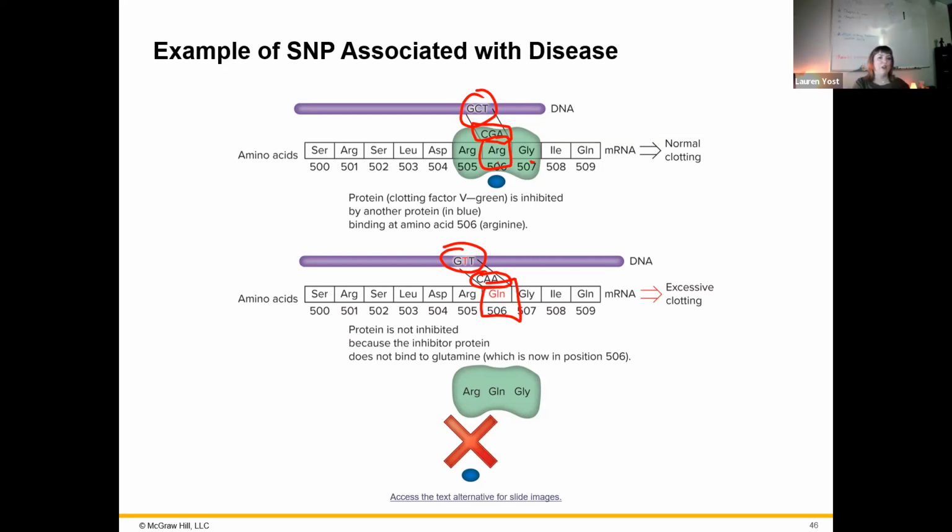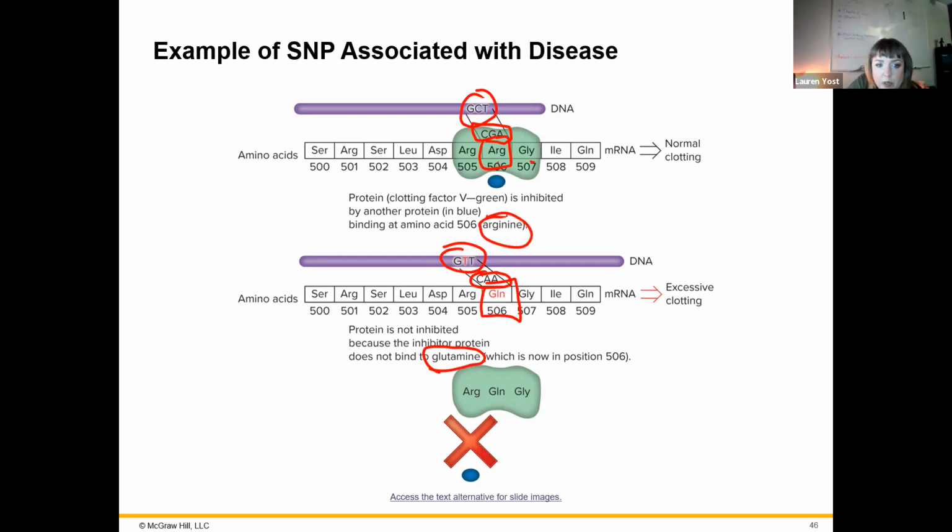Sorry, I don't have them all memorized. But yeah, this is going to be glutamine. Okay, well, it says it right in front of me. So now it codes for glutamine instead of arginine, which is what we saw up here.